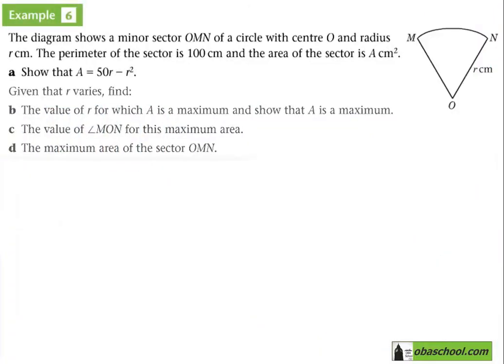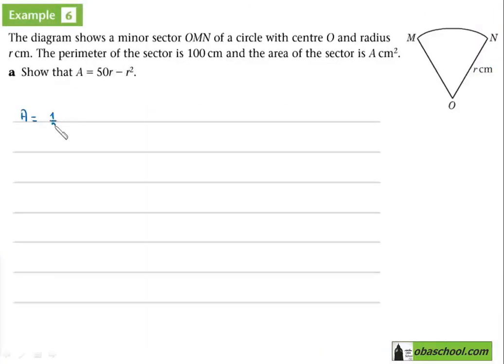Let's start. Area is half r squared theta. We do not have the theta, and we have the r, which is the radius. Okay, now we need to find theta. In order to find theta, we will make use of the perimeter. The perimeter is 100 centimeter, and it is the entire boundary of this sector.